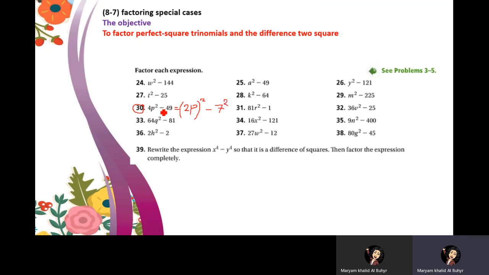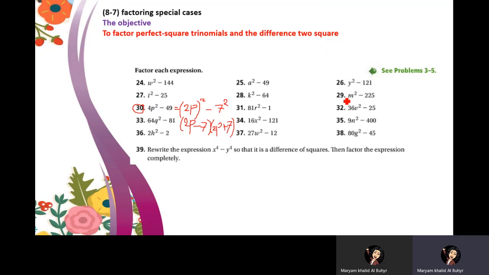Make sure that you have negative. Yes, that's good. So it's a difference between two perfect squares. That means, according to my rule, (2p minus 7)(2p plus 7). That's it. You're done.